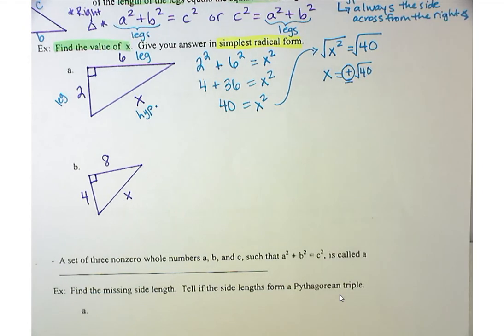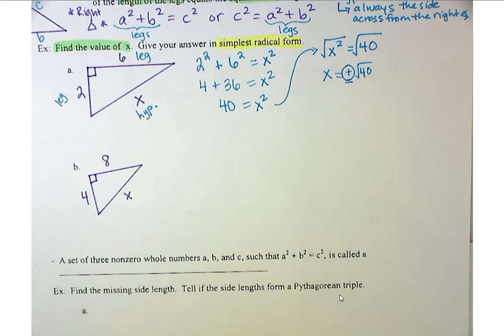Now, it says write this in simplest radical form, so you're not going to be using your calculator to do decimals. Do you guys remember what we look for in simplest radical form? Perfect squares. Yeah, Xavier? Don't you just break it down, so you do like the square root of 10 and the square root of 4? You are going to break it down. Do you know why you do 10 and 4 instead of like 8 and 5?